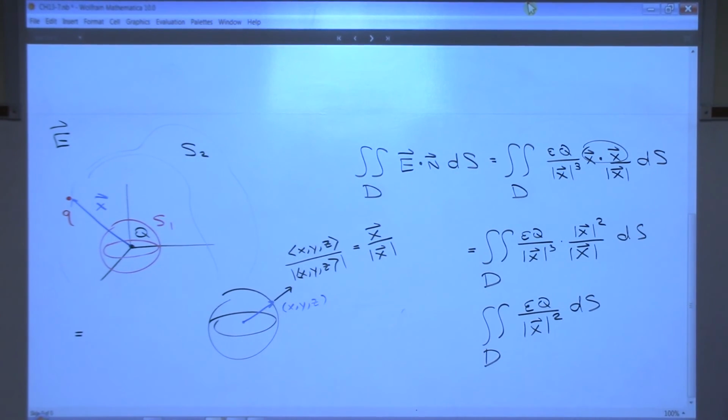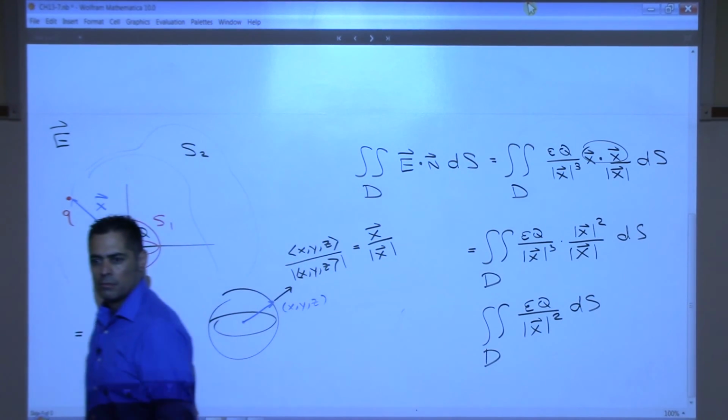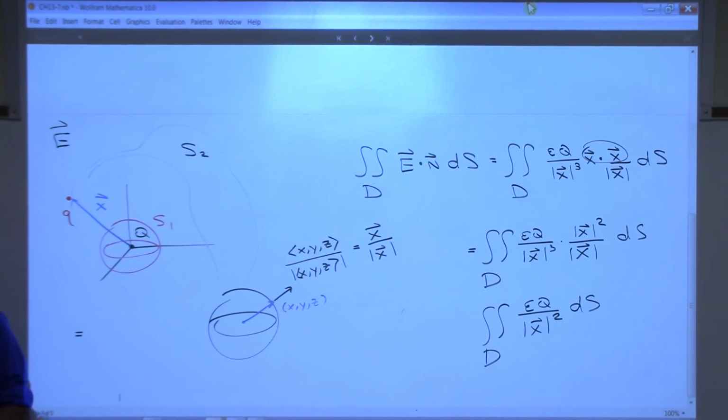All right, all of this said, what can you tell me about the magnitude of any vector on this sphere? Close, not 1. I chose the sphere. It's A, right? Remember how we chose this guy, S1?